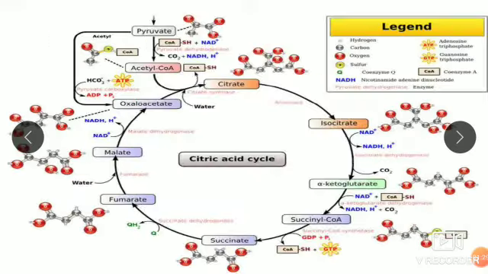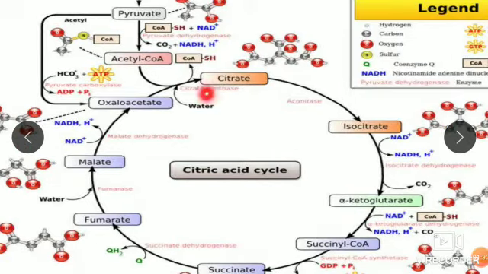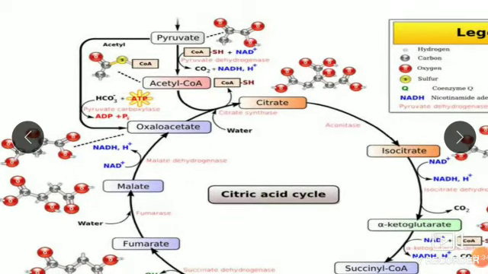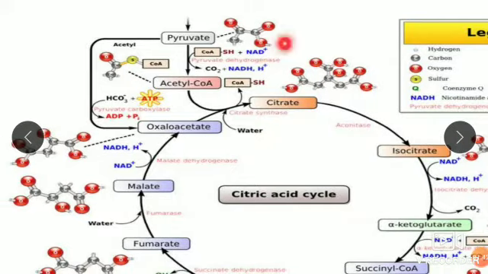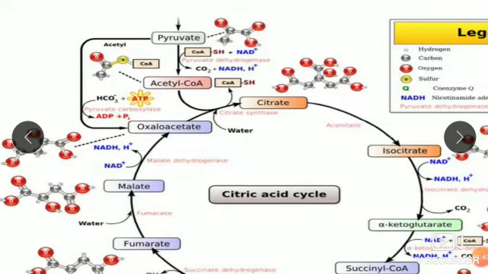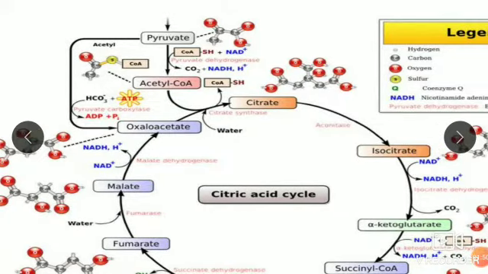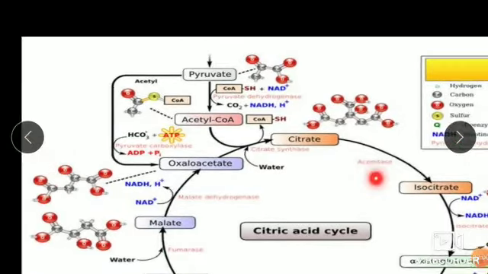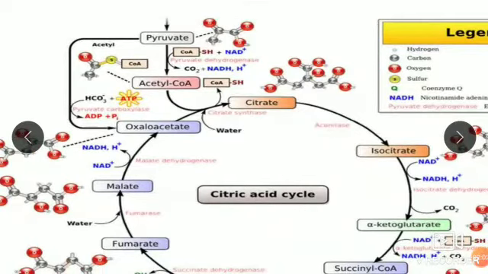Now, inside the mitochondrial matrix, this 3-carbon pyruvic acid molecule undergoes a decarboxylation reaction in which one carbon dioxide molecule and two hydrogen atoms get released and coenzyme A gets attached to it, leading to the formation of the 2-carbon acetyl coenzyme A molecule. This is a highly energetic molecule and the formation of it leads to a cyclic event of reactions which is called the citric acid cycle or Krebs cycle.